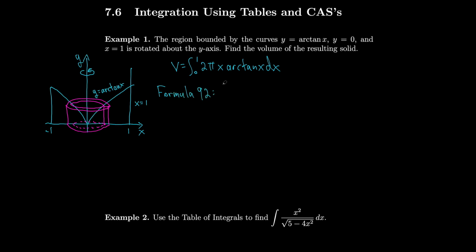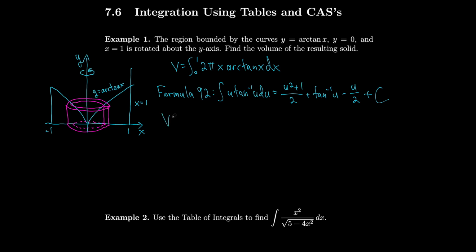The integral of u times tan inverse u is equal to u squared plus 1 over 2 times tan inverse u minus u over 2 plus c.